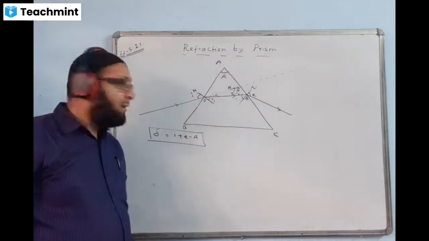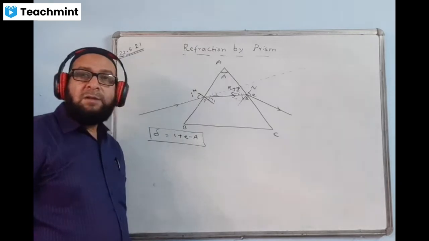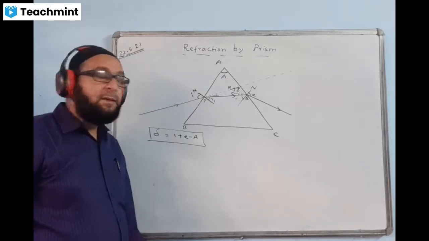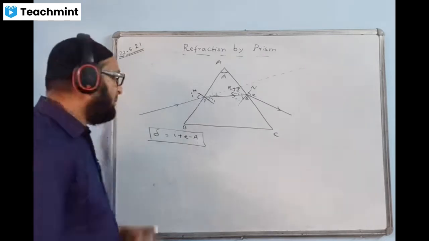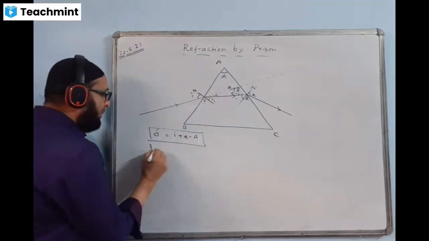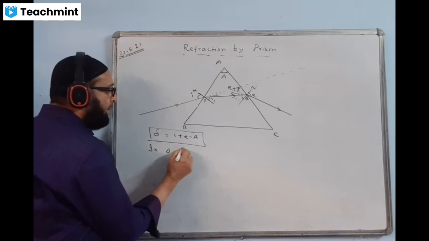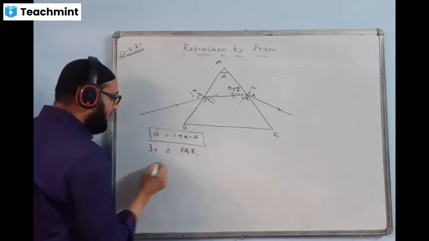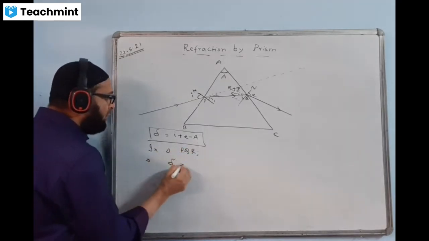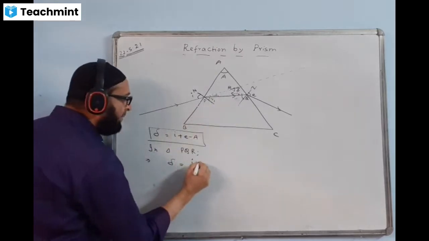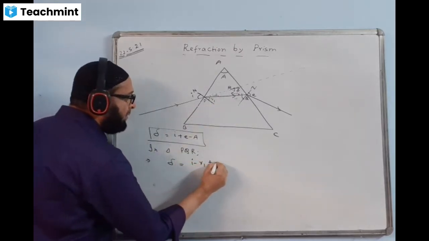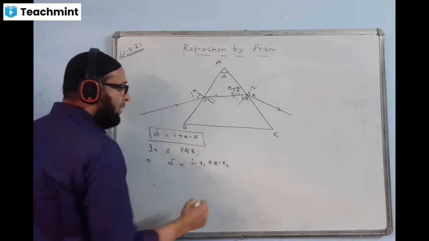And we know that in a triangle, the exterior angle is equal to the sum of the two opposite interior angles. So we write in triangle PQR, delta, which is the exterior angle, is equal to this plus this. I will write here: I minus R1 plus E minus R2.